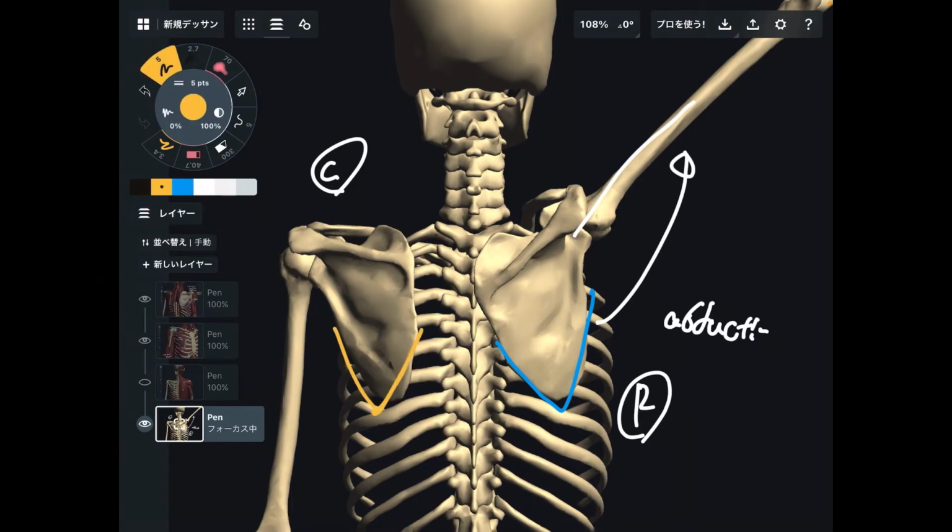This is left side, neutral position. This is scapula neutral position. Right scapula moves a little bit this way. What kind of movement is this? This is upward rotation. Do you remember? So, when you move shoulder joint, your scapula must move.